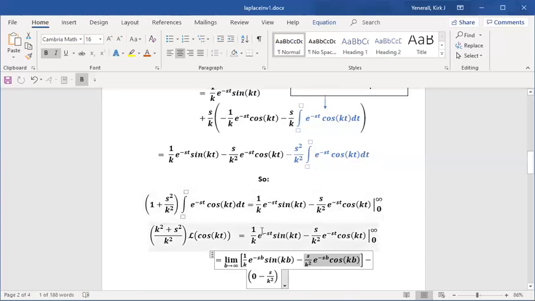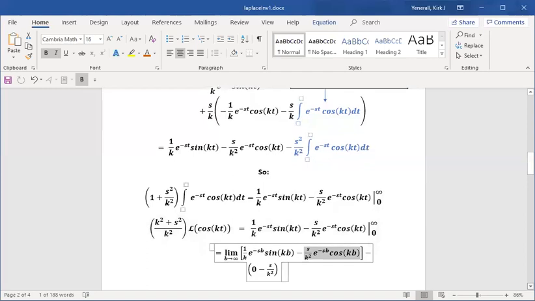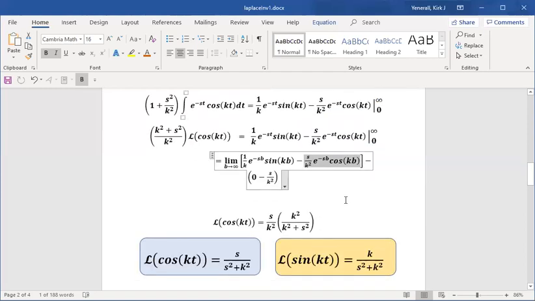But at 0, the first piece involving a sine has a value of 0. The second piece ends up having a value of negative s over k squared times 1 times 1. But ultimately that's being subtracted because it's at the lower limit. And so what we end up with in the final result is just s over k squared on the right-hand side.